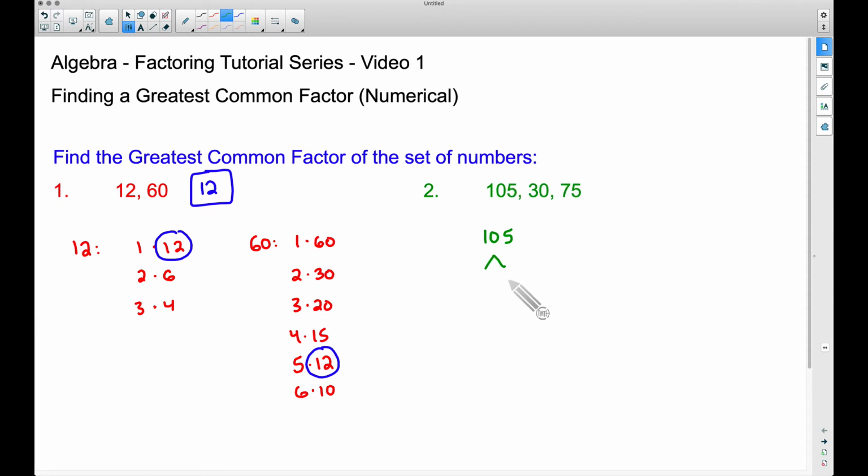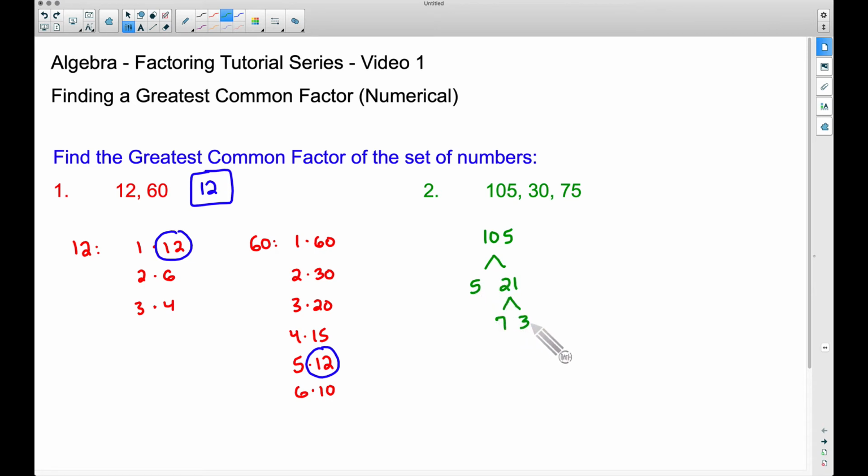For 105, I know that 5 will go into it since 105 ends in a 0 or 5, and 5 times 21 will give you 105. Now 5 is a prime number, so I'm going to stop with that 5, but 21 is 7 times 3. So let's look at the prime factors.